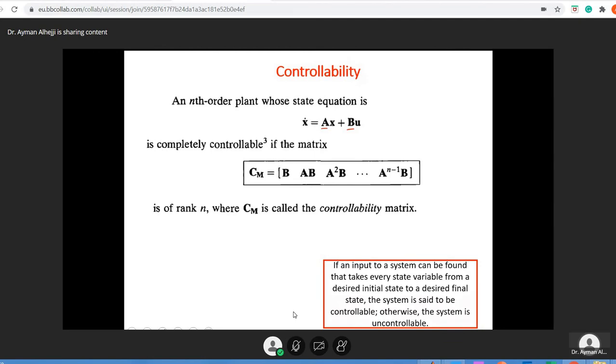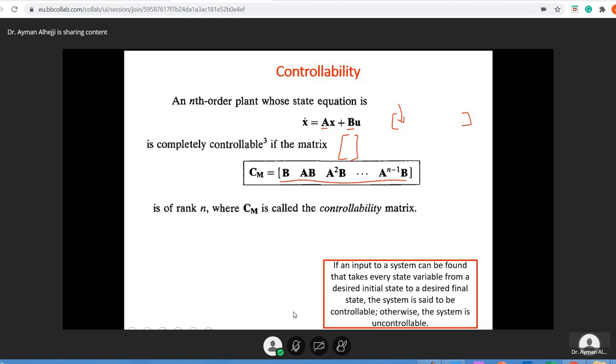A with B. So A and B will be listed as a matrix here. I create an array, okay, I put B first, because B, we know B is a vector.